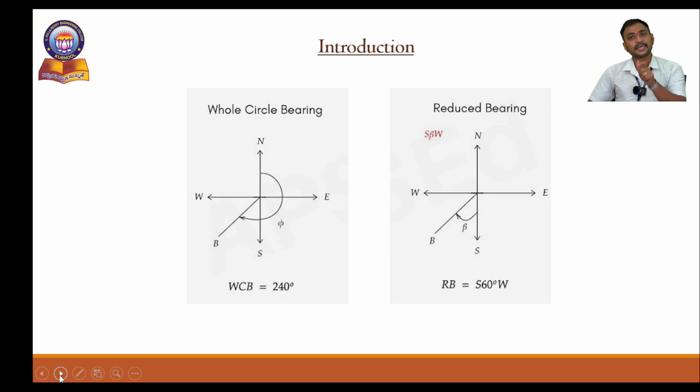Whole circle bearing and reduced bearing come under the subject of surveying. In that subject, compass surveying is one chapter. In this chapter we will discuss whole circle bearing and reduced bearing, problems, conversions, everything.